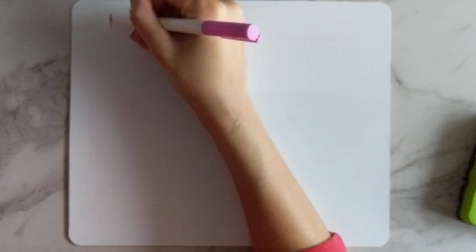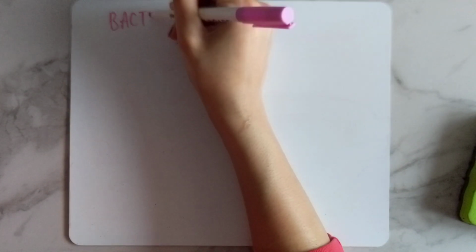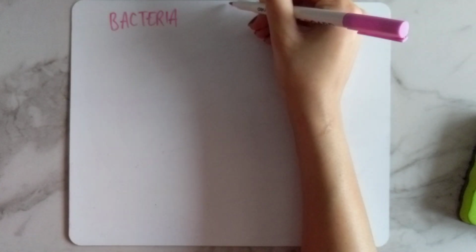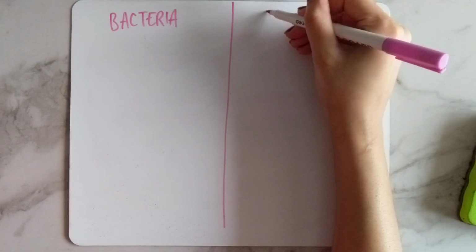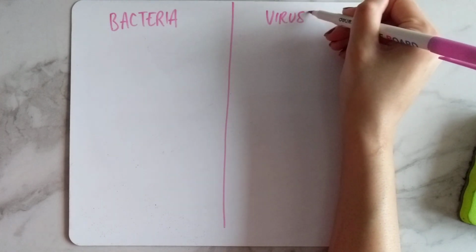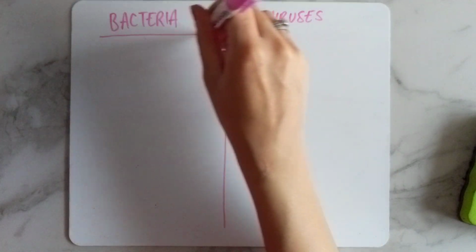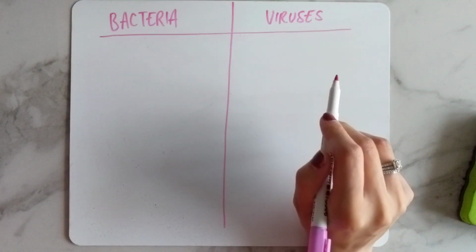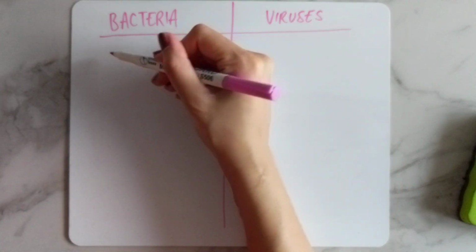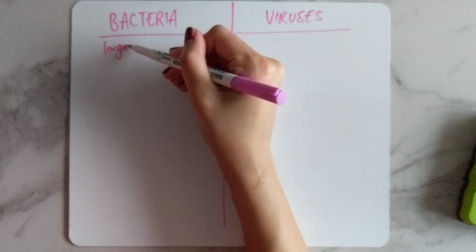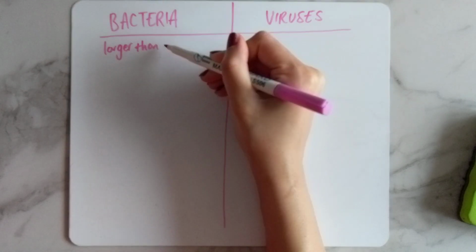Let's go through specific diseases then. So the first one, oh actually before I do that, let's go through the difference between bacteria and viruses. I think that'll be useful before I go through examples. So bacteria and viruses. So bacteria are larger in size than viruses.